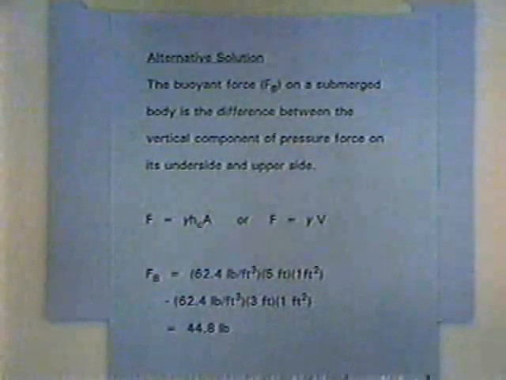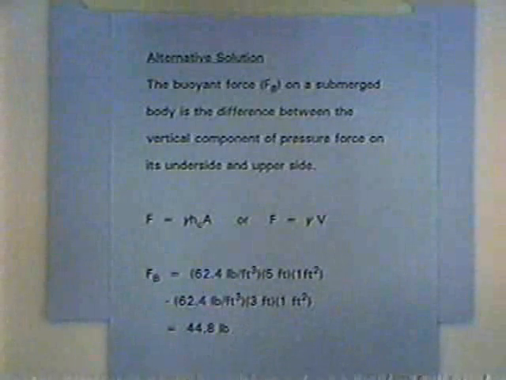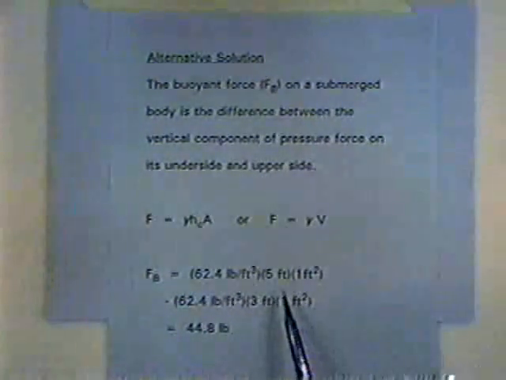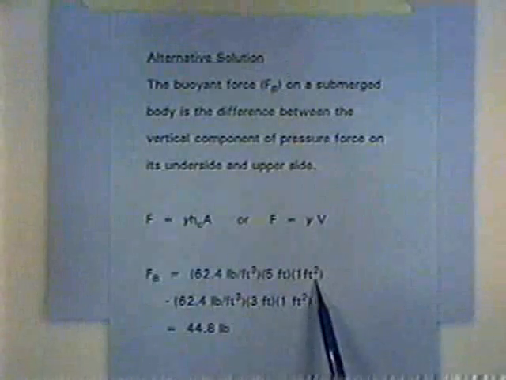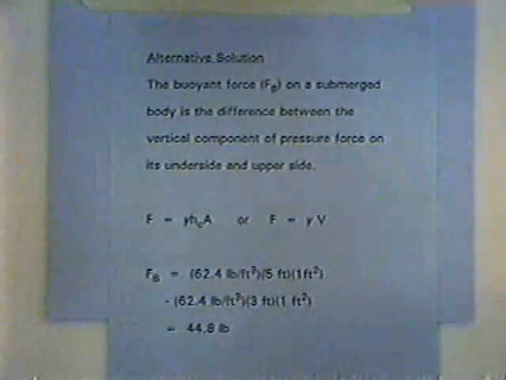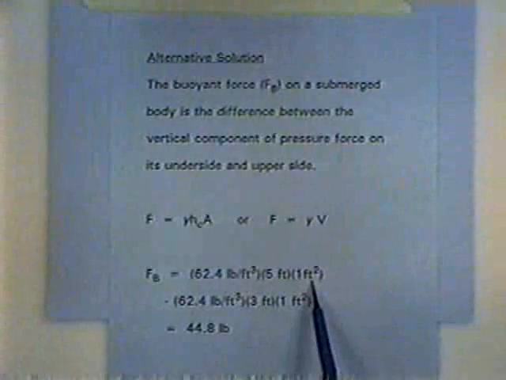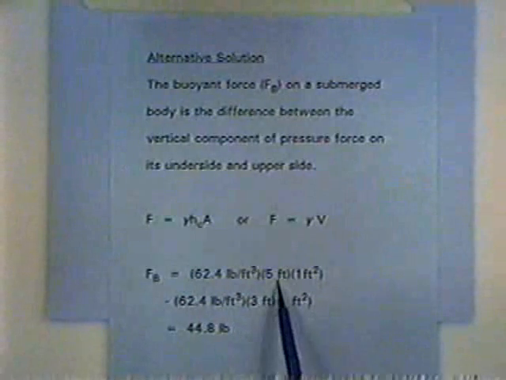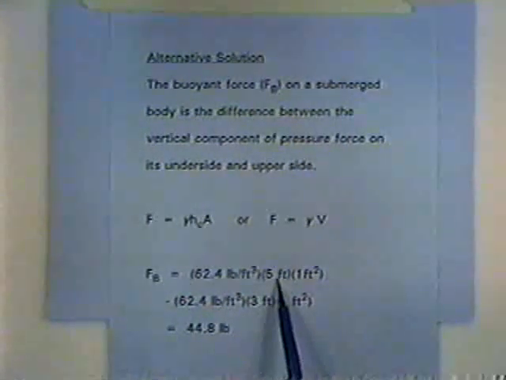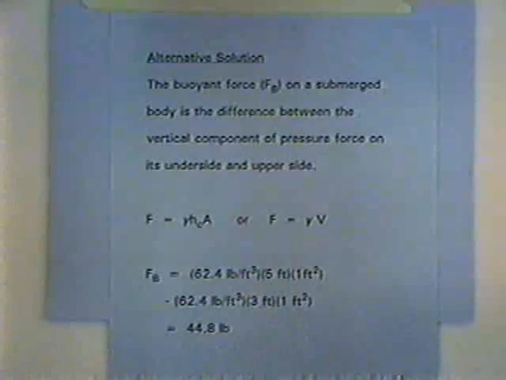And so we plug in the 62.4 pounds per cubic foot, the H sub C of 5 feet, the area of 1 square foot, which is the area of the bottom of the block, and that's the vertical distance from the water surface to the bottom of the block, and the unit weight of the fluid.